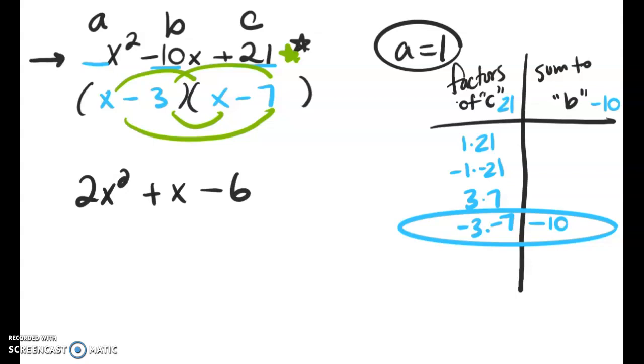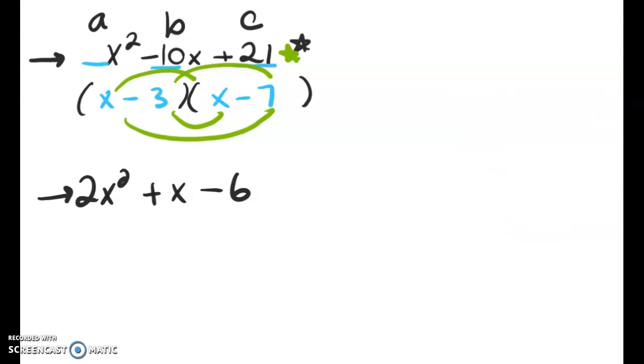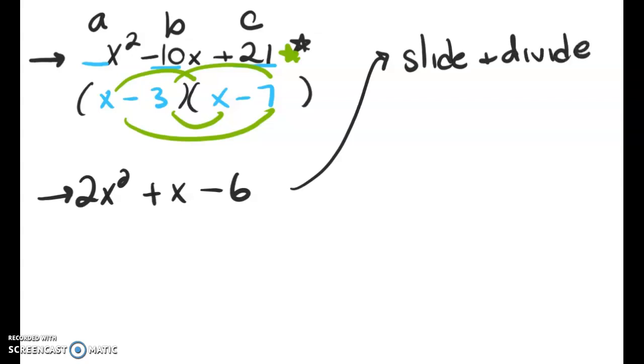The method that I talked about in class was the slide and divide method. So let's erase this. The slide and divide method says I take the a and I slide it down. So I take the 2 and I'm going to slide it down to the c.